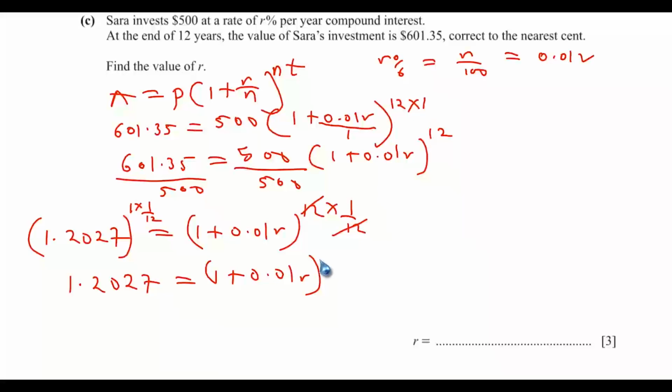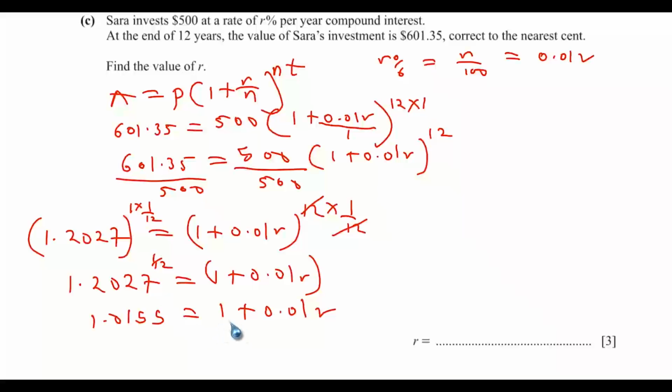If you input this into your calculator, you should get 1.0155 equals 1 plus 0.01R.